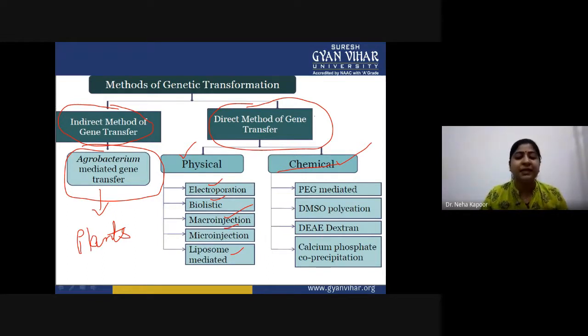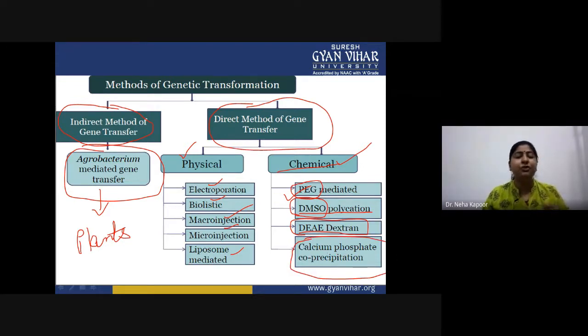In that case, we can use PEG mediated, where PEG stands for polyethylene glycol. Then there is DMSO, which is an organic solvent, a highly polar solvent. Then there is DEAE dextran. We can use beads of DEAE dextran to trigger the transformation process. Or we can use calcium phosphate co-precipitation.